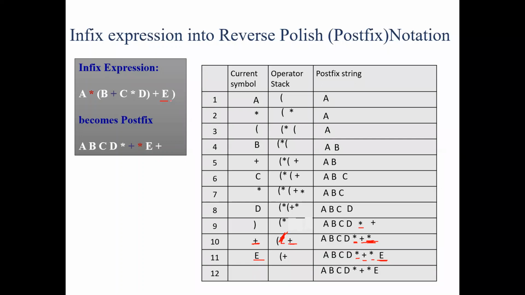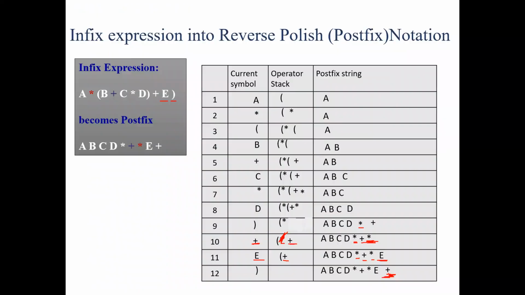After that, we now scan a right parenthesis. Understood? When you encounter a right parenthesis, what are you supposed to do? We have to pop out all the symbols from the top of the stack. We had only one addition operator on top of the stack, so we popped out the addition operator.